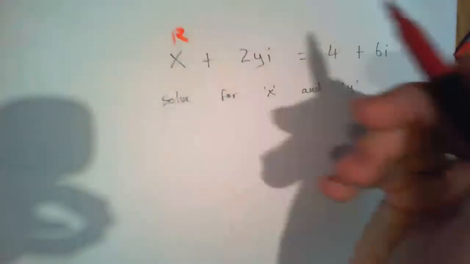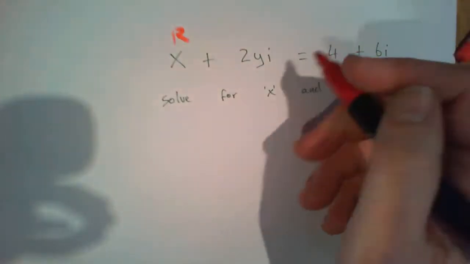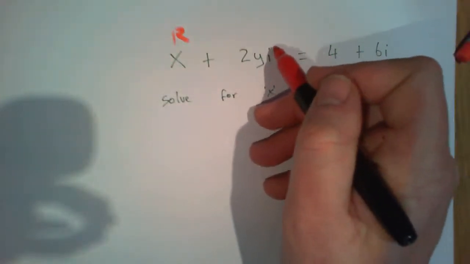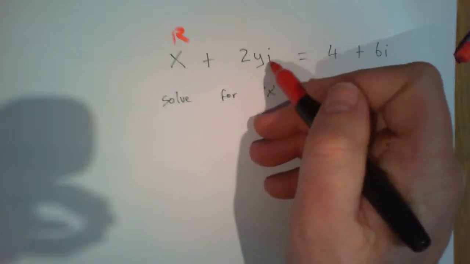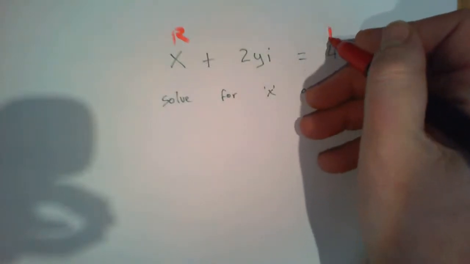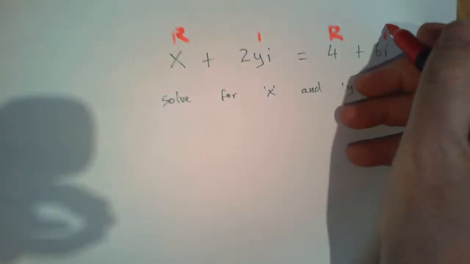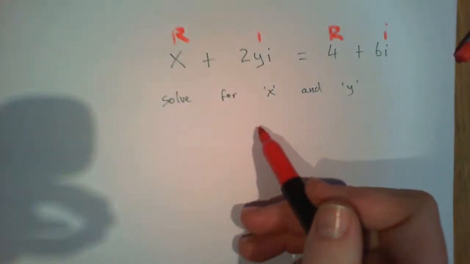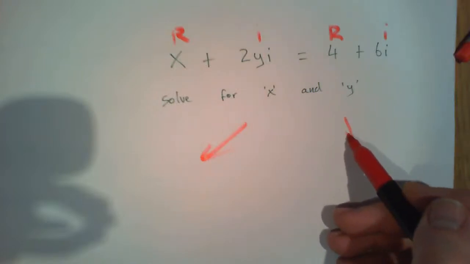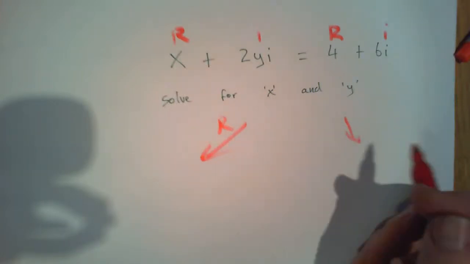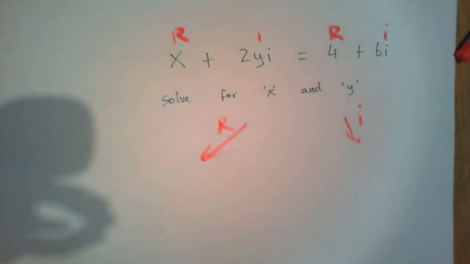So that's real. That's not real. There's an imaginary number there. This is real. And obviously these bits are imaginary. And the idea is to separate out the real from the imaginary.